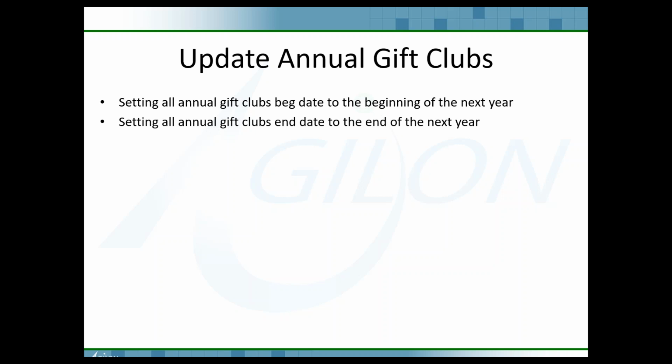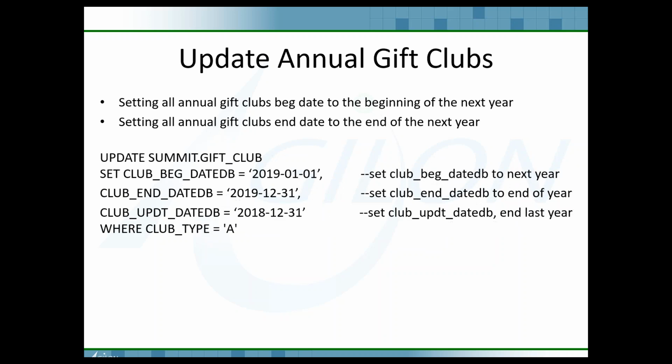And then the next script that I'm going to show you is we're going to set all of the annual gift clubs' beginning date to the beginning of the next year, and all of the annual gift clubs' end date to the end of the next year. So there is that script.